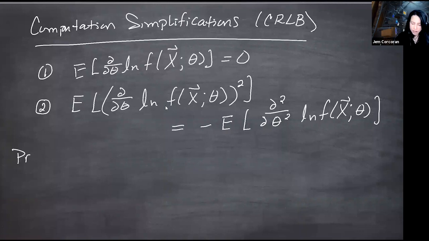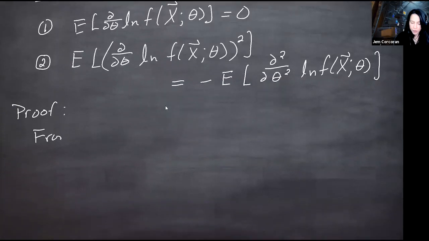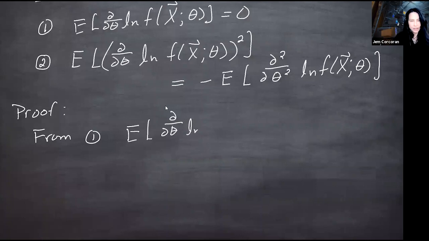Now, the proof of this, we were in the middle of. So from 1, we have that the expected value of the derivative with respect to theta of the log of the joint PDF is 0.